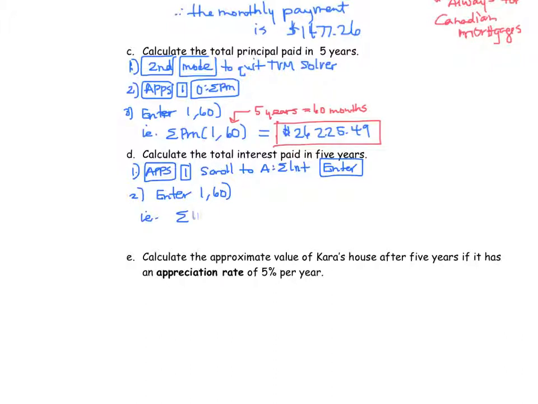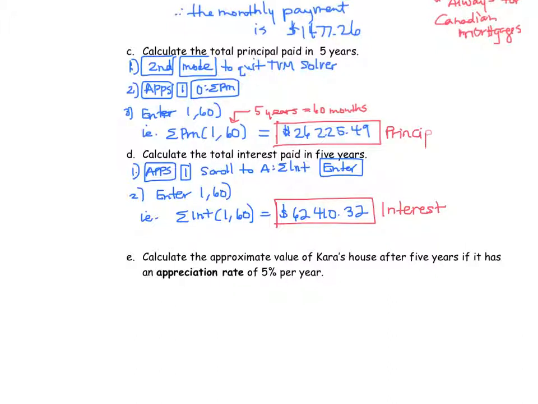So on your screen, you should see the sum of the interest from the first month to the 60th month. And when you press enter, it comes up as $62,410.32. So in the first 5 years, you've paid just over $60,000 in interest and just over $25,000 in principal.